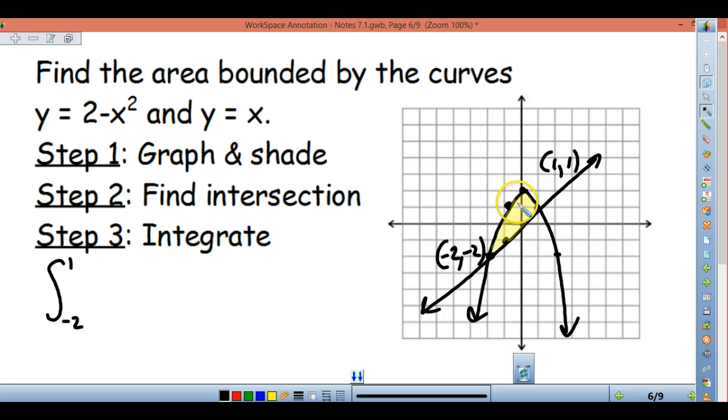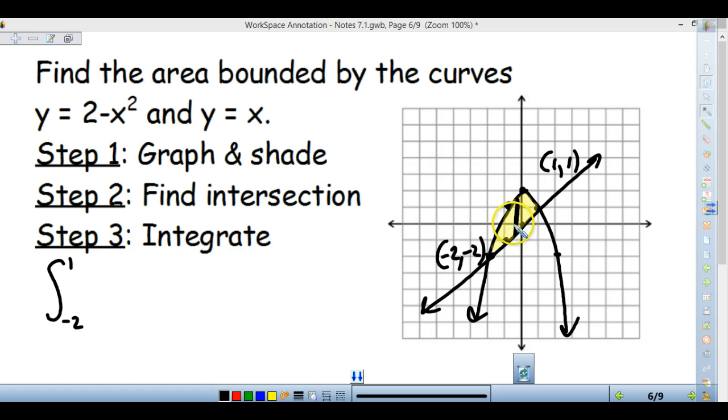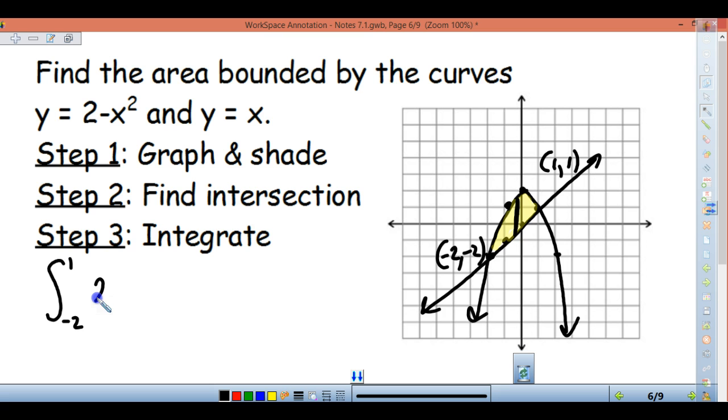And to get all the way from here to here, that length is, from the parabola down to the axis, 2 minus x squared, and from the axis down to the line y equals x would just be x, so it's going to be 2 minus x squared minus x would give you this length right here, which is top curve minus bottom curve. When everything's said and done, we do get the area of this here to be 4.5.